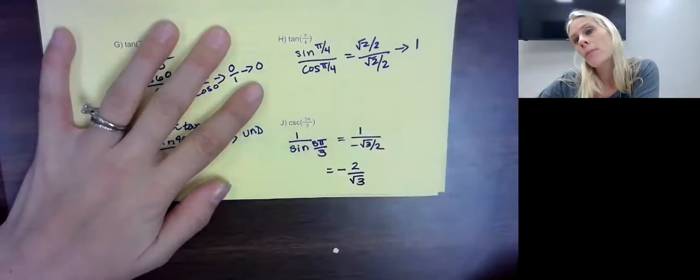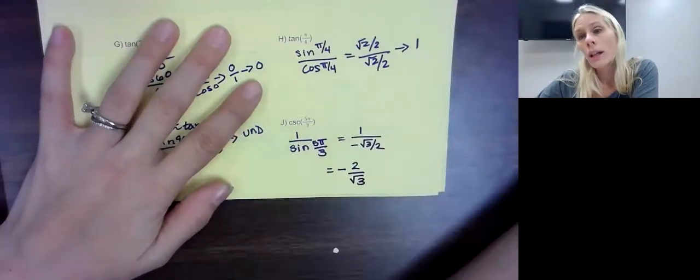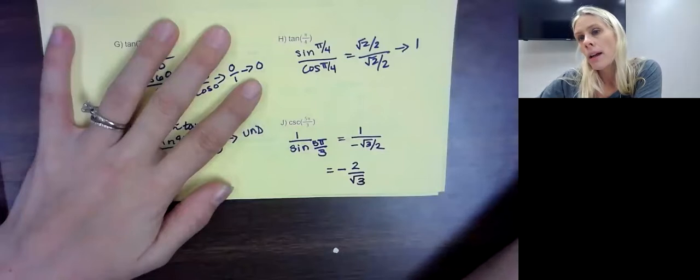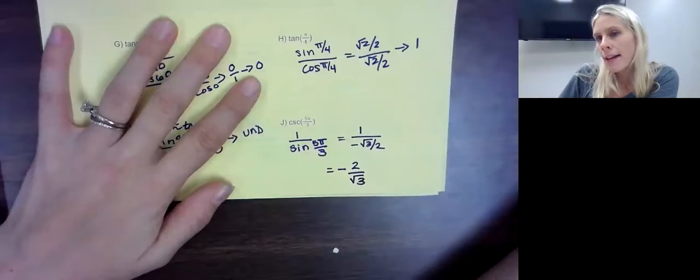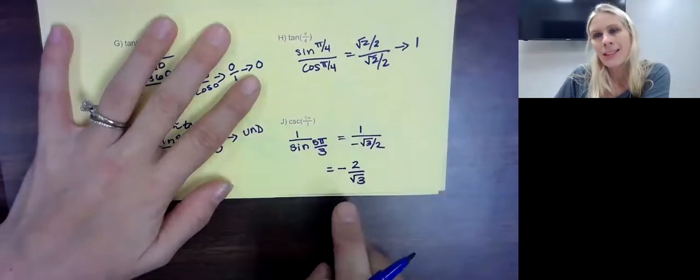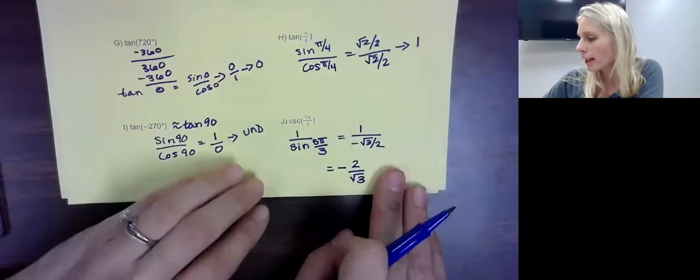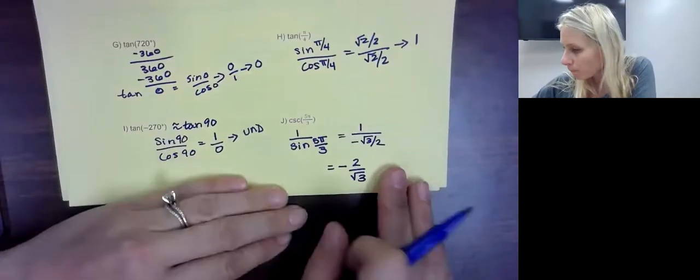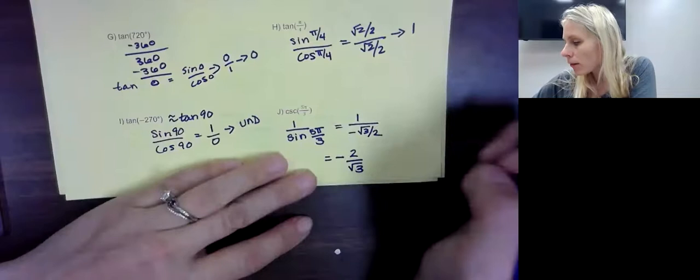And we know dividing by a fraction is the same thing as multiplying by its reciprocal. Now, I know we were always taught in the past never to keep square roots in the denominator, but check to see if your assignment allows this. And if it does, you're all set to keep it like this because in further math, they don't mind with the simplifying. But if you have to simplify, to get rid of the square root in the bottom, we have to multiply it by itself.